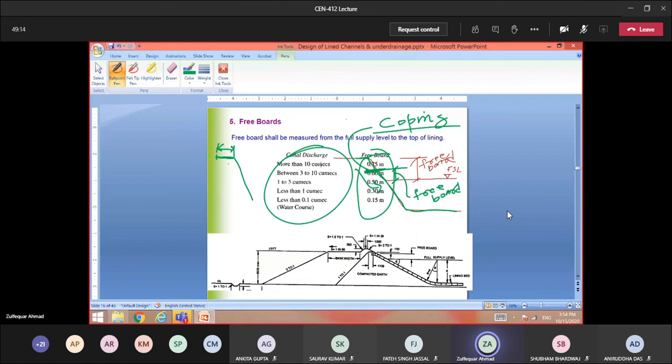What is the size of the coping that is also mentioned? Maximum size is 550 mm that is being provided. Okay, so you can see that in the next slide. So this is a freeboard.